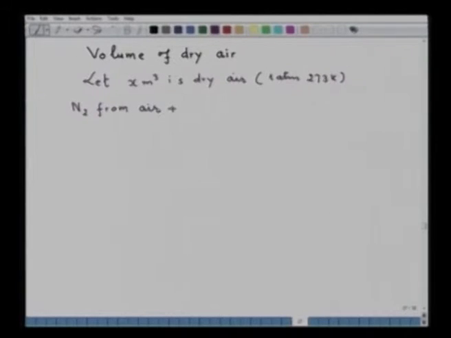Do not forget to add nitrogen from fuel gas, because there is 46% nitrogen also there in the fuel gas. So, plus nitrogen in fuel gas, that is equal to, in this particular problem, nitrogen in POC.